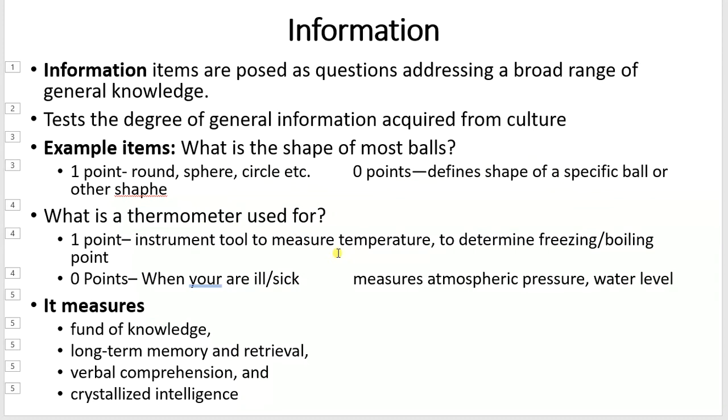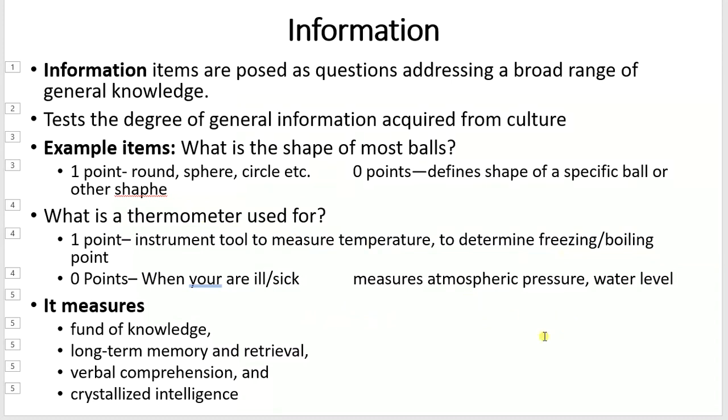If one says instrument or tool to measure temperature, then correct answer, 1 point. To determine freezing or boiling point, again correct answer, 1 point. There are other answers that can be correct, and 0 points when you say it is used when you are ill or sick, meaning you do not have the exact knowledge of the thermometer. Measures atmospheric pressure, water level, this shows again that you do not have the knowledge of what a thermometer is.